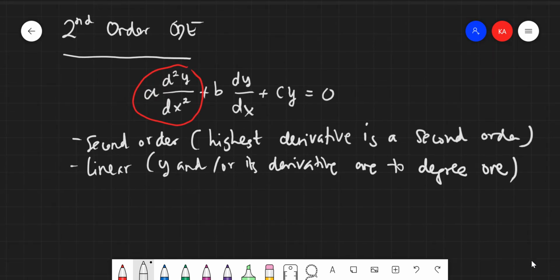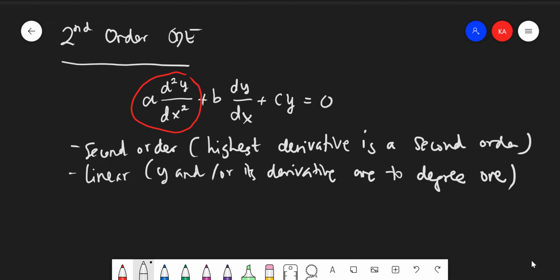Okay, the degree is 1. So it is linear, because the variable y and its derivative are degree 1, and it has a constant coefficient, as we know that the coefficients are a, b, and c. So this is the constant coefficient.